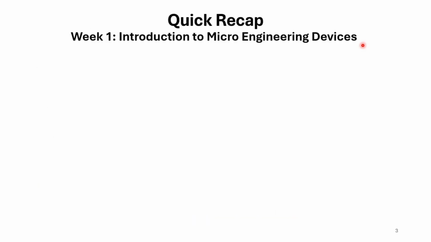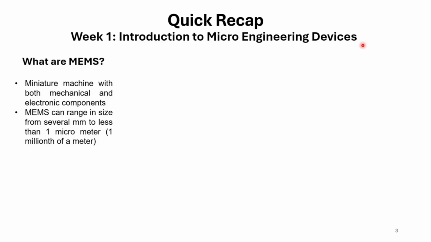First we'll start the discussion with a quick recap on the content covered this week. So we learned about various microengineering devices. One of the devices that we covered is MEMS, which stands for microelectromechanical systems. It is basically a system that has both mechanical and electronic components together.